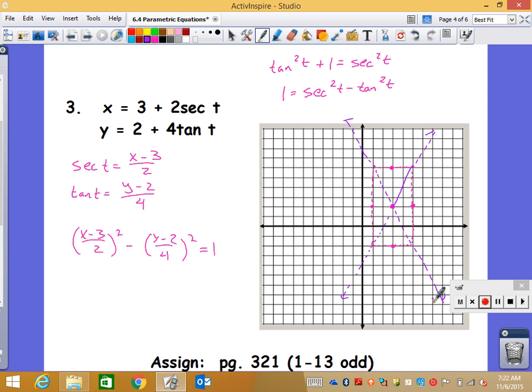So it's either going to go up and down, or it's going to be going left and right along my asymptotes. How do I determine which one it is, though? Well, I look at which one's first in my equation. The x value comes first, right? Order matters in subtraction, so either the x has to be first or the y has to be first. In this case, my x is first, so I'm going to be opening up in the x direction. So I start at the point that's on my box that I wrote, and I follow my asymptotes, going to the left and to the right.